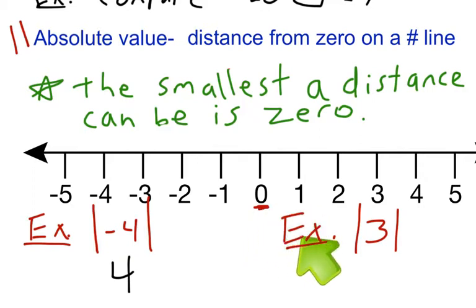All right, try the next one. Example, absolute value of 3. In other words, how far is 3 from 0 on the number line? If you said 3, then you are correct. So it's 1, 2, 3 units away.